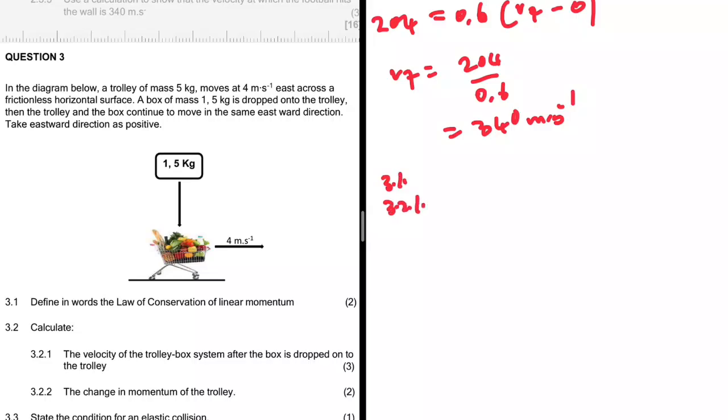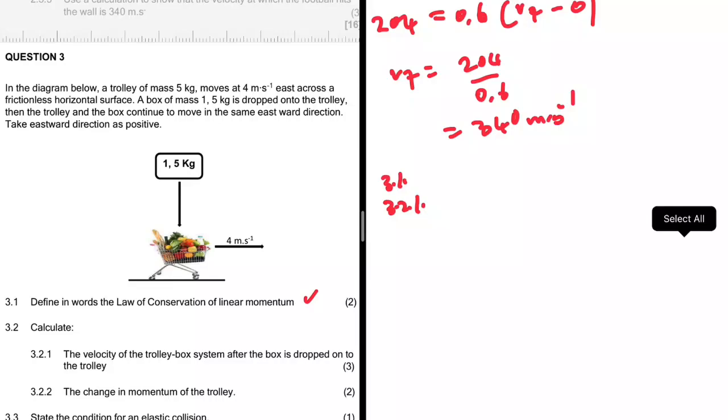And then 3.2.1, we're supposed to calculate the velocity of the trolley-box system after the box is dropped onto the trolley. Right. So usually in physics, if 3.1 says state the law of conservation of linear momentum, and 3.2 says you're supposed to calculate something, you are most likely to use the law that you've stated.